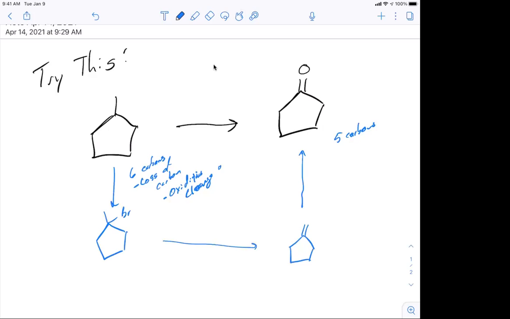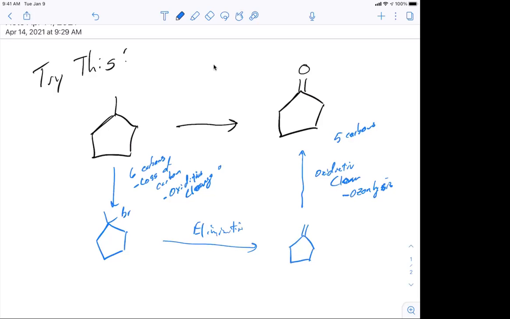So the functional group transformation is forming the carbonyl. I know I'm losing 1 carbon, so therefore I need to do the oxidative cleavage here, right? That's ozonolysis. I need to do an elimination here. And what type of an elimination?